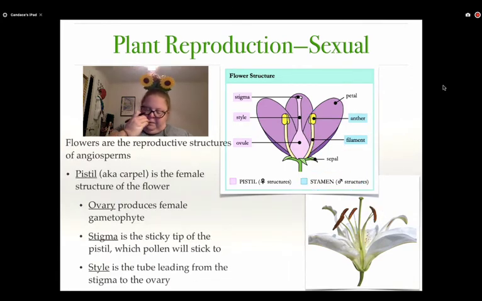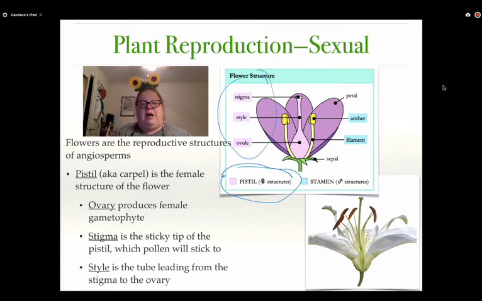All right, and then the female reproductive structures, here we see on this side. They're all part of the same flower, okay? Now, there are plants that produce male flowers and female flowers. Those are called dioecious plants, and they have these same structures.